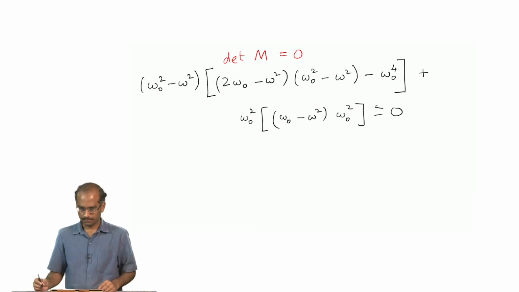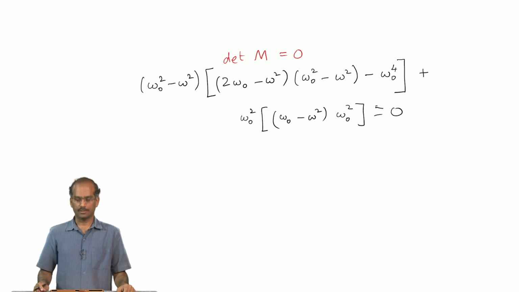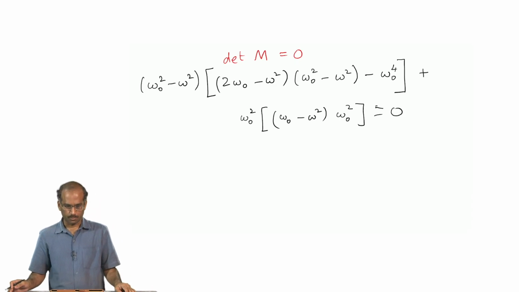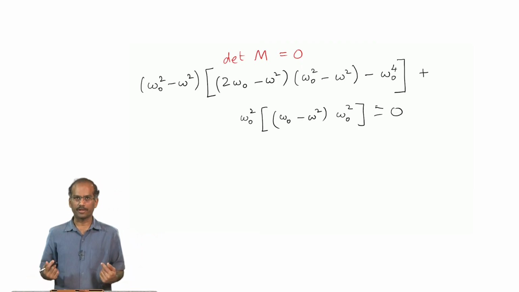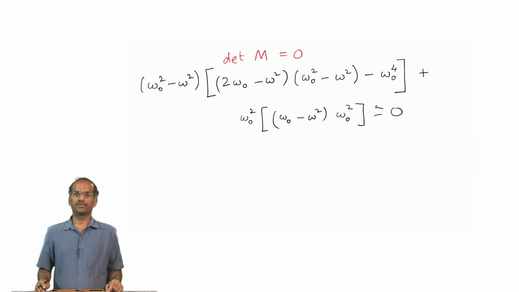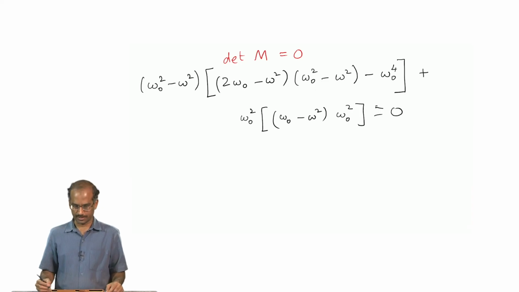So, I have written the equation corresponding to the determinant of m, and you can easily see that the highest power of omega that appears here would be 6. It would appear as omega power 6, and we want to find out omega square. So, it is essentially a cubic equation. So, you should expect to have 3 roots, and the 3 roots are the 3 normal mode frequencies.